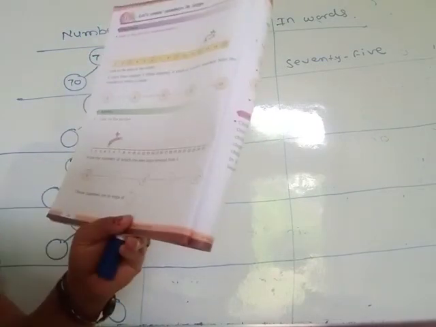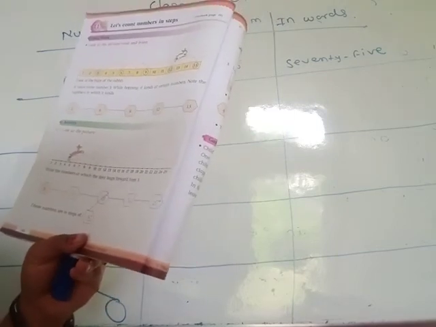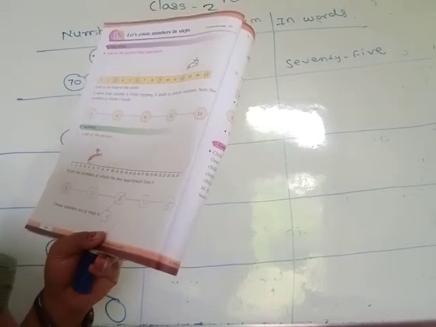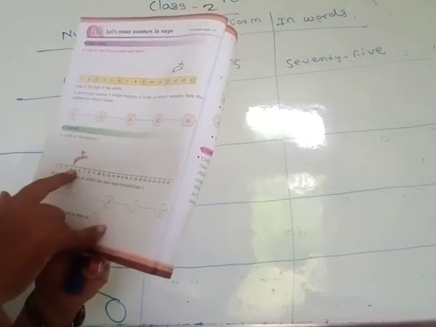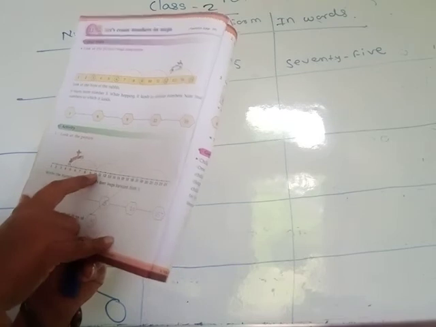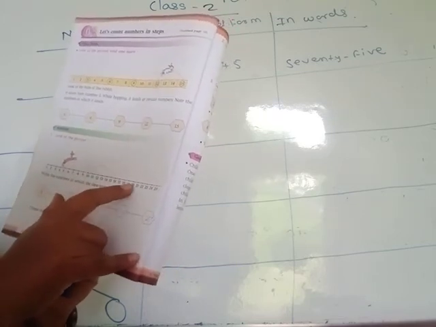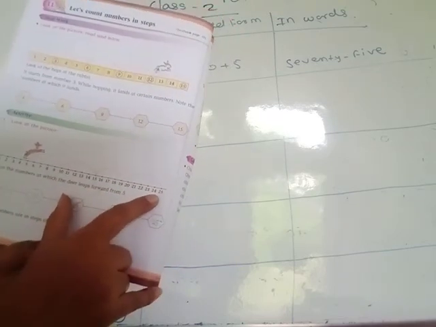Second picture you see here. Write the numbers at which the deer leaps forward from 5. Deer leaps here. Firstly 5, then afterwards 10, 15, 20 and here 25.